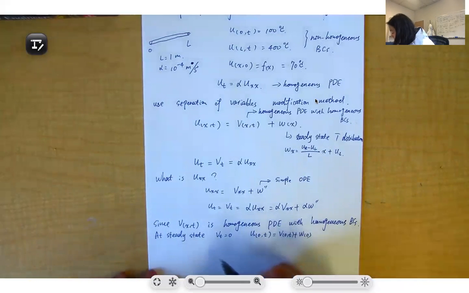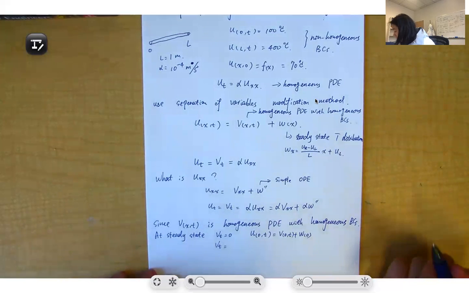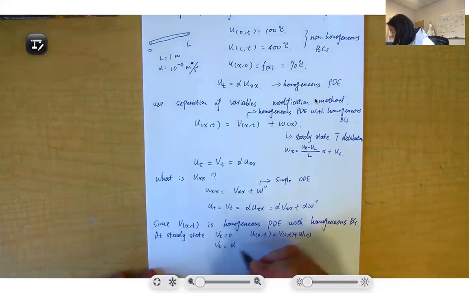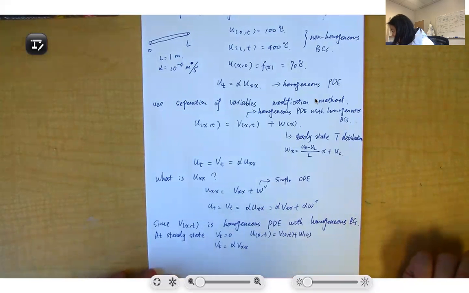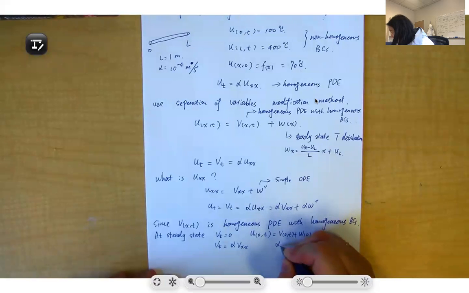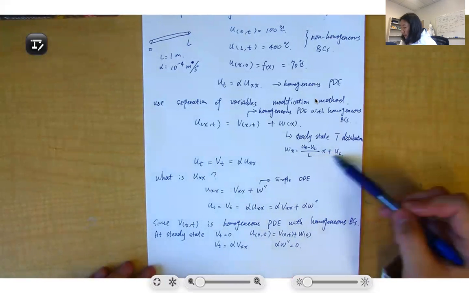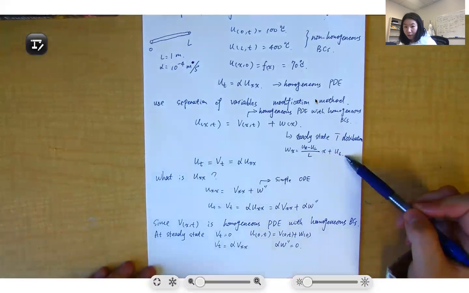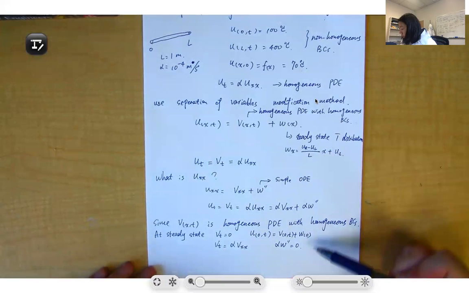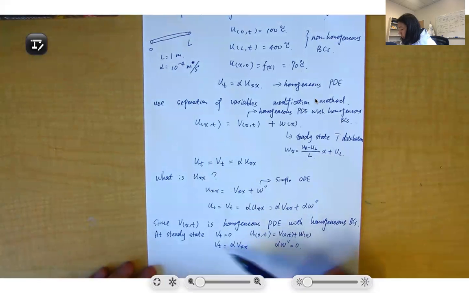So Vt is equal to alpha Vxx, and alpha W double prime will be equal to 0, because W is a function of x at steady state, and when you take the second derivative of W it will be 0. So this part will be 0. Vt is only equal to alpha Vxx.